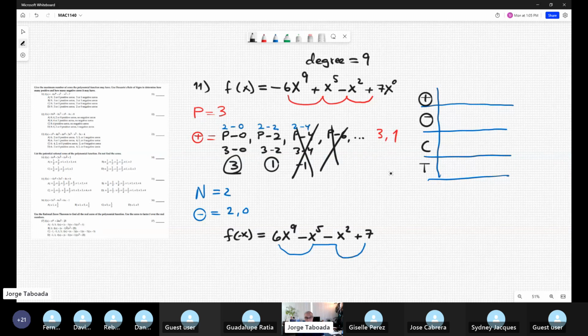Total I know is 9, because the degree of the polynomial is 9. So any possibility ends in 9. However, we have different possibilities of positive, 3 and 1, and the negative is 2 or 0.